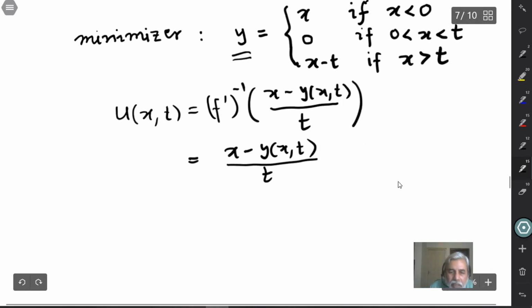So if x is less than 0, it is x, so u will be 0. If x is between 0 and t, then it is 0, so you get x by t.